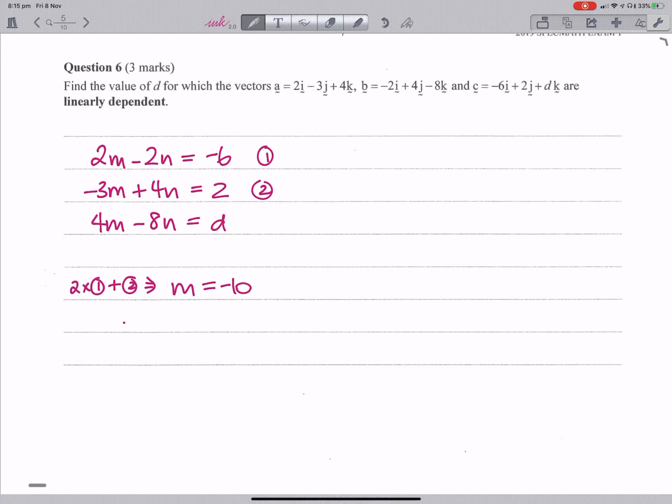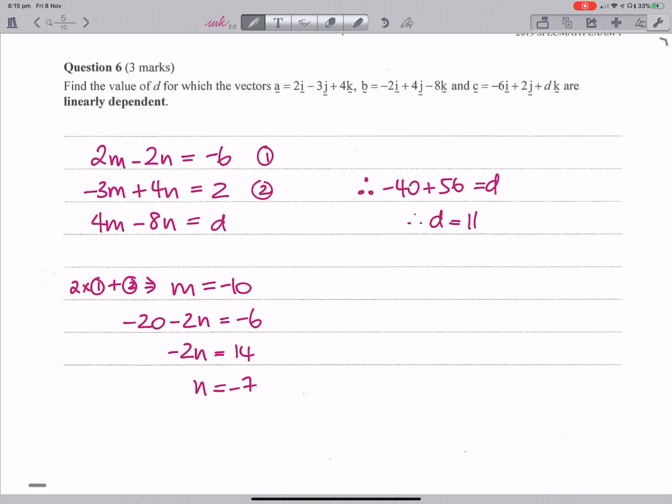If we put negative 10, we get negative 20 minus 2n is equal to negative 6. Negative 2n is equal to 14. n is equal to negative 7. Therefore, 4 times negative 10, negative 40, minus 8 times negative 7, which is plus 56, equals d.